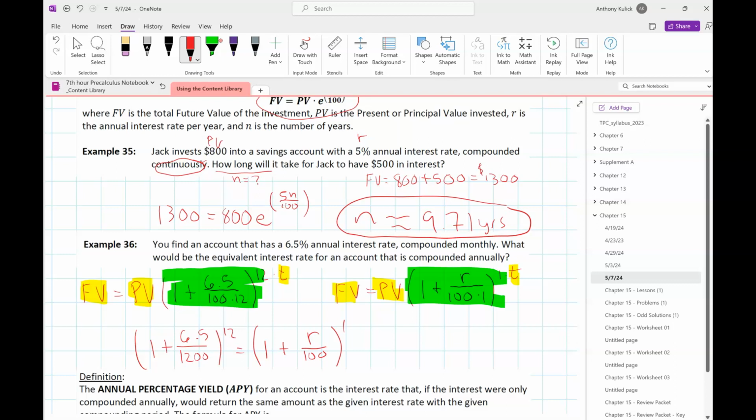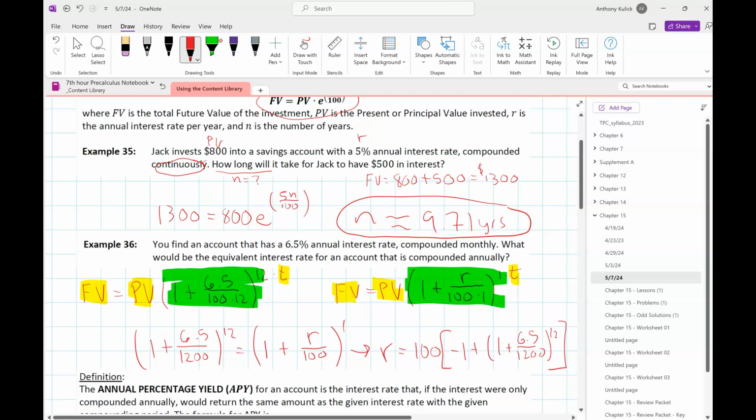So I can just subtract 1 from both sides and then multiply by 100, right? Is that okay? You see what I did there? Again, you could graph both sides still. That's okay.